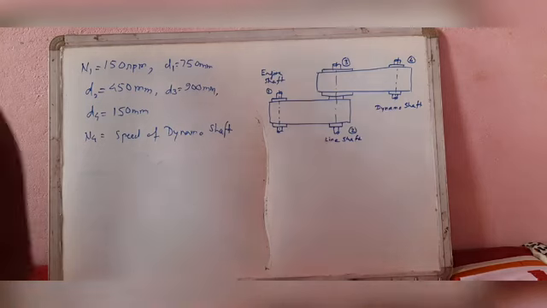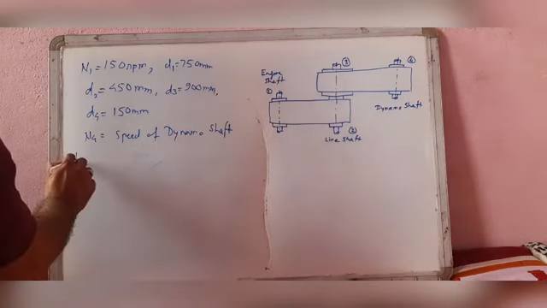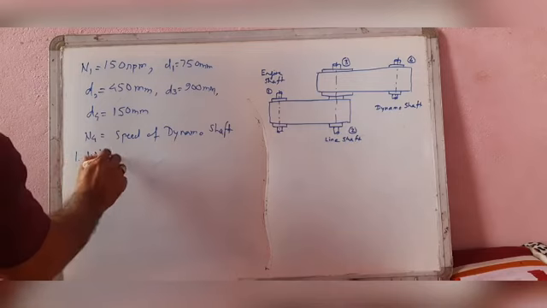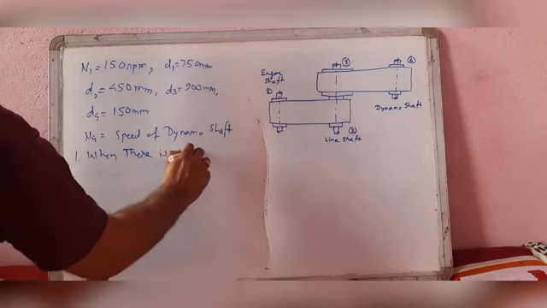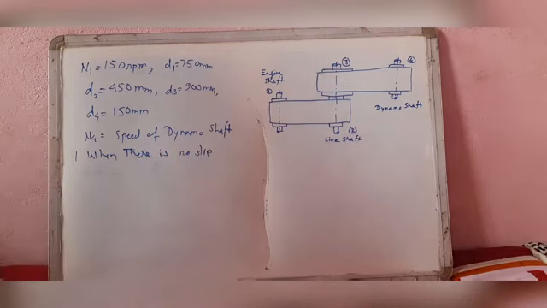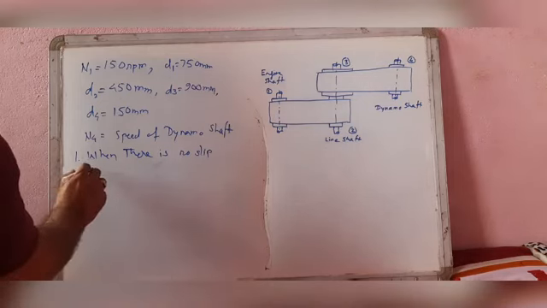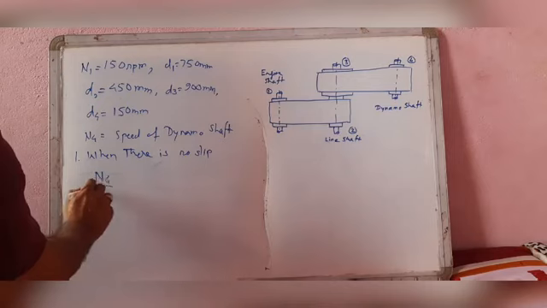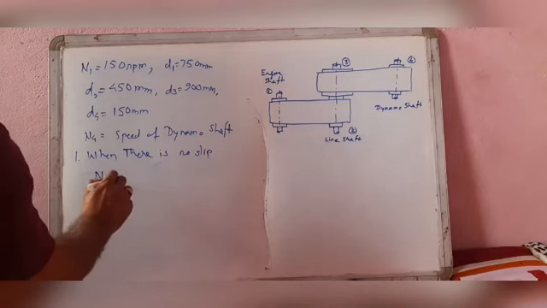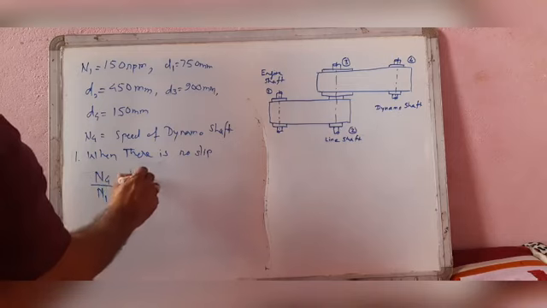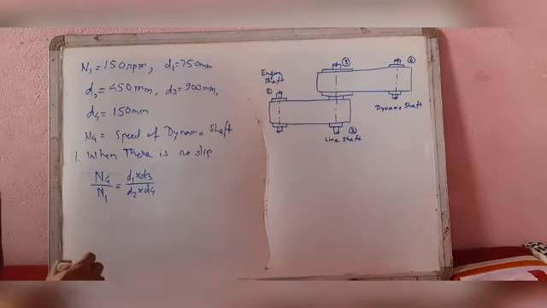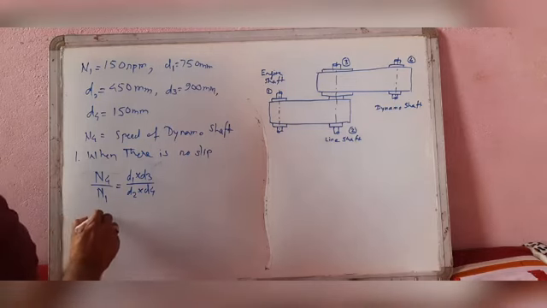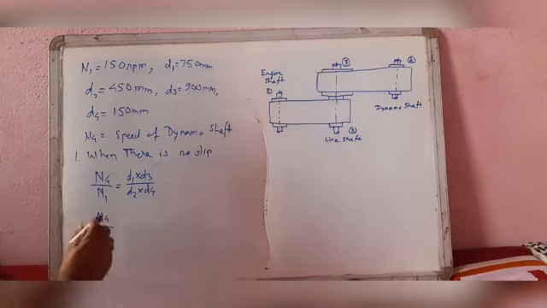When there is no slip, we know that N4 by N1 equal to D1 into D3 by D2 into D4.